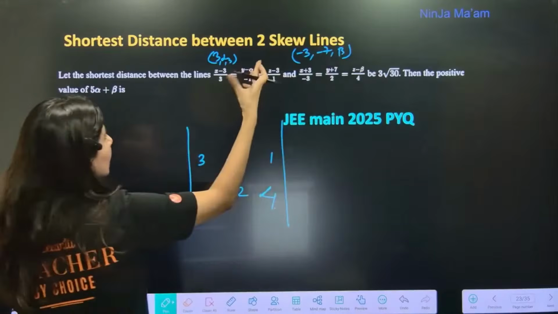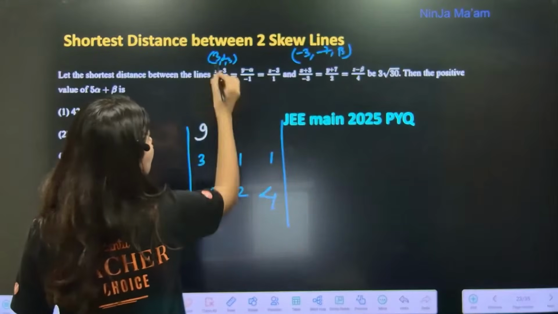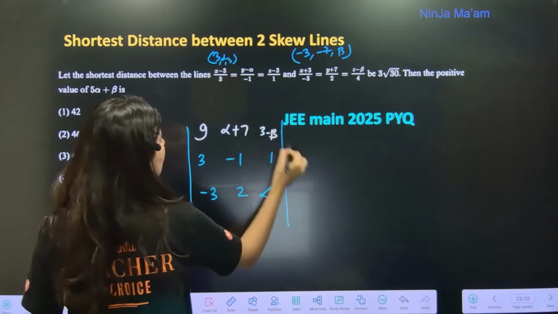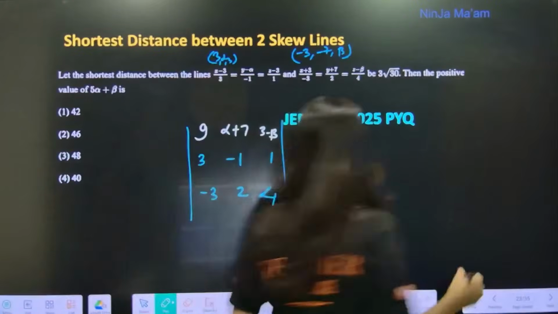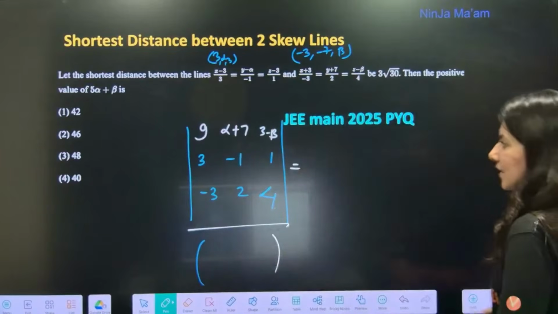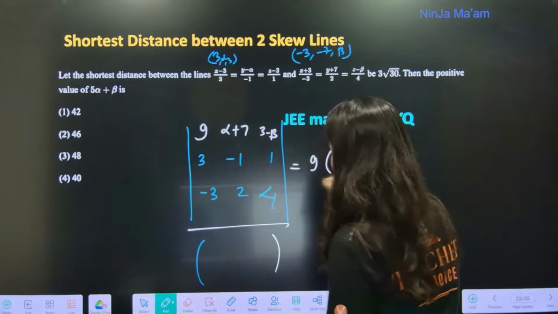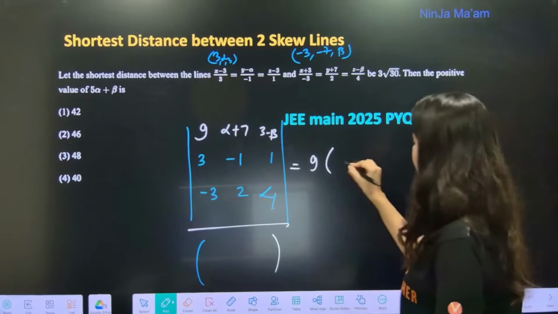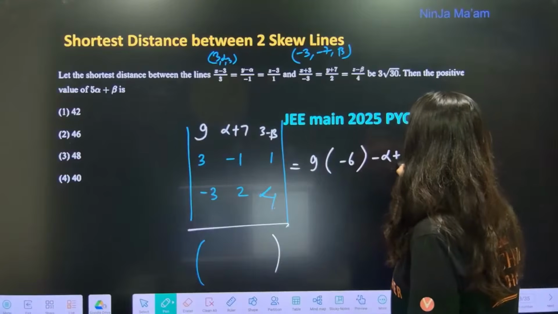Let's solve. So 3 minus minus 3, 9, alpha plus 7 and 3 minus beta. Okay, shortest distance, everybody. Yes, let's open, and there will be a denominator also, that I will write a little later. So 9. Now minus 4 minus 2, minus 6, minus alpha plus 7.